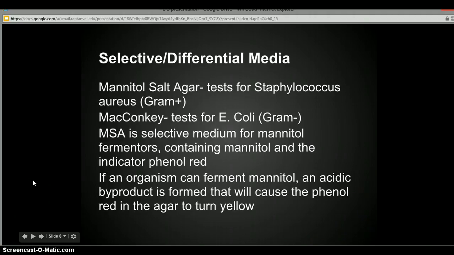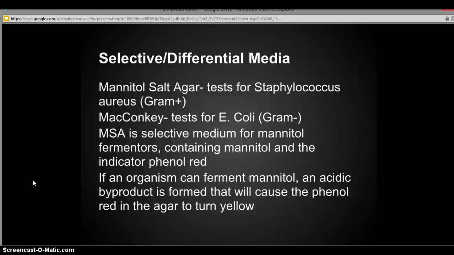So now it's time for us to choose our media. We have two choices, which is mannitol salts agar, which tests for Staphylococcus aureus or gram positives, while MacConkey's tests for gram negatives such as E. coli.